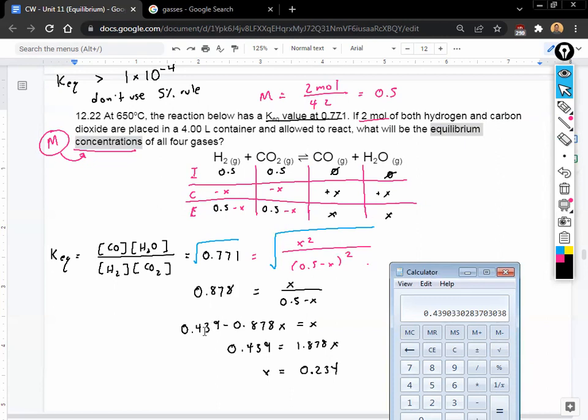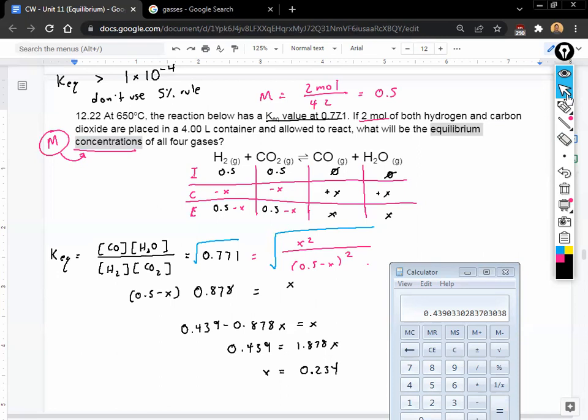So 0.439, that's correct, because you'll have to distribute. So 0.5 minus x, and then 0.5 times 0.878 should equal 0.439. Let me know, because I do make mistakes a lot, as you guys know, but that's going to be x.